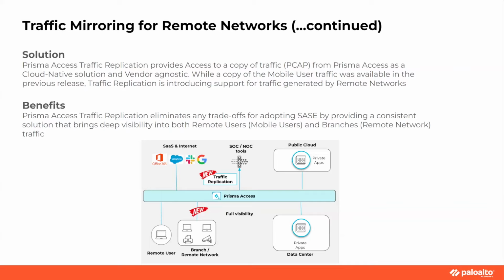We provide access to a copy of the traffic, which is a PCAP from Prisma Access, so that the traffic from both mobile users as well as remote networks is available for you to do forensic analysis offline and also integrate with third-party vendors if you would like to.